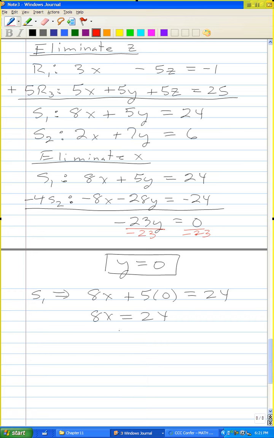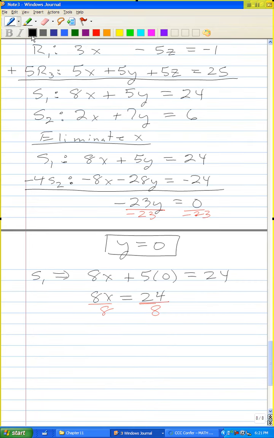Divide both sides of my equation by 8. And so x is equal to 3.